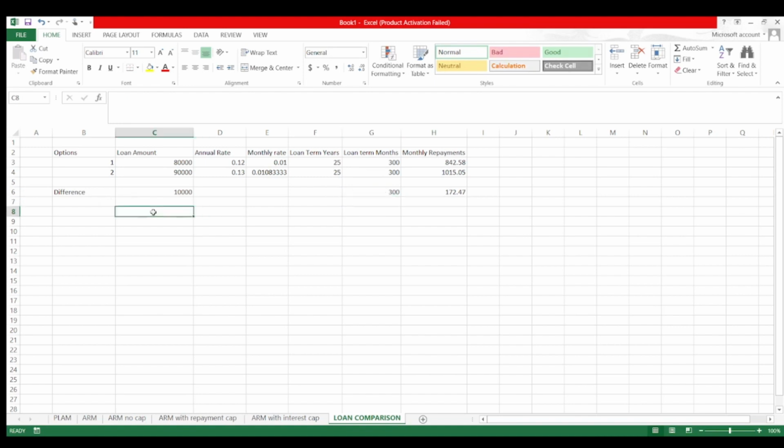What you're trying to figure out is the rate. In this case, we'll use the formula equals RATE, then take the number of periods, the monthly repayments, and the loan amount. Then close the brackets.